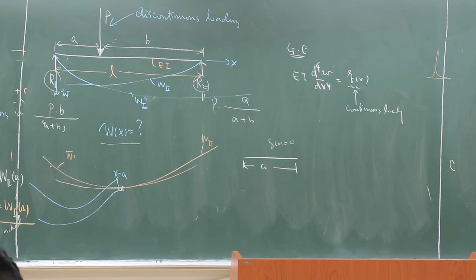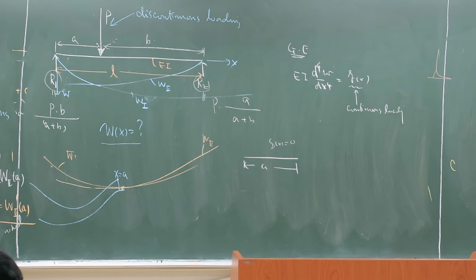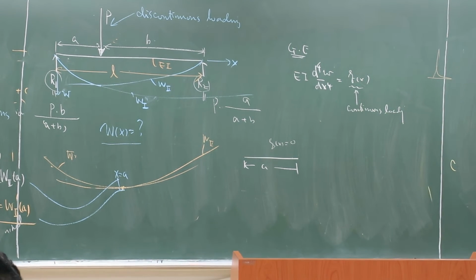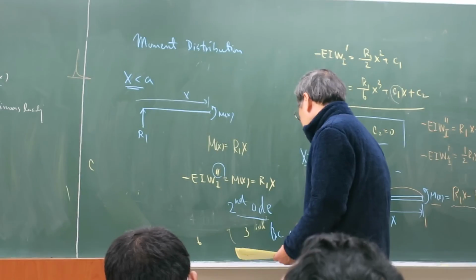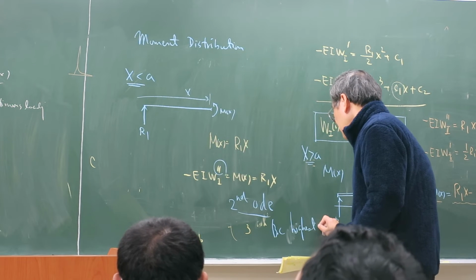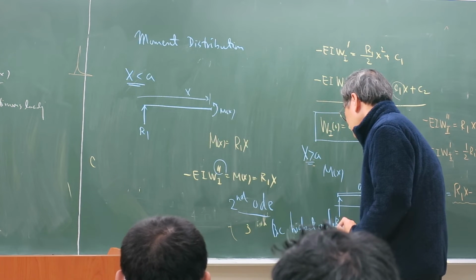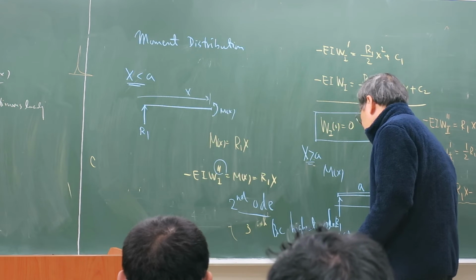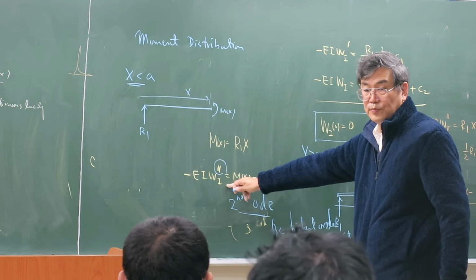Understand? Therefore, this is my second order ODE, and my boundary condition highest order is first order. That means the slope.